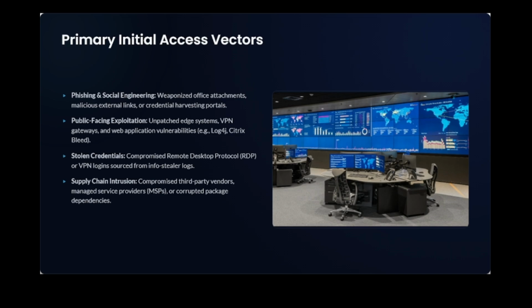There's public-facing exploitation. All those systems that sit out on the internet are what are called public-facing. And that could be anything from VPN gateways to routers to firewalls. I mean, SonicWall has had vulnerabilities released this year.